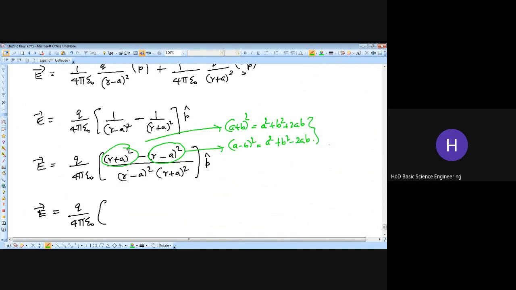Applying that, instead of A we have R, and instead of B we have A. If you apply that and simplify, this will be R square plus A square plus 2RA, minus R square plus A square minus 2RA, not AB, 2RA.